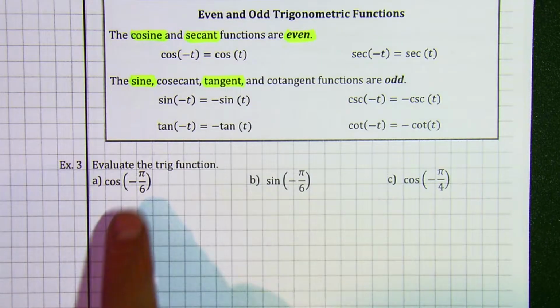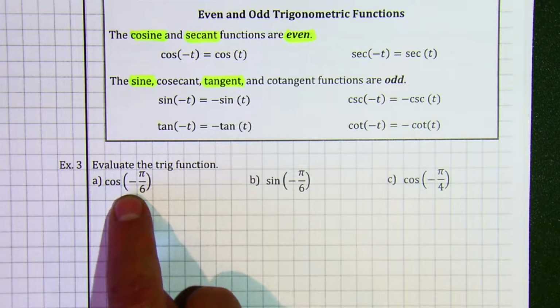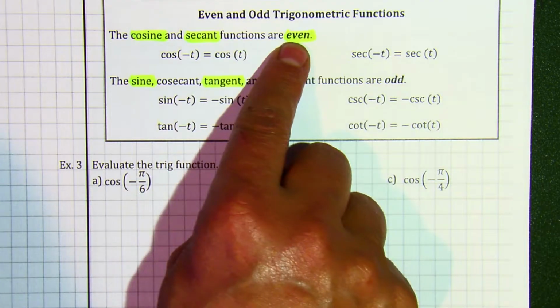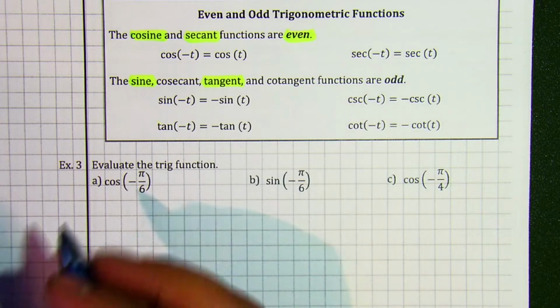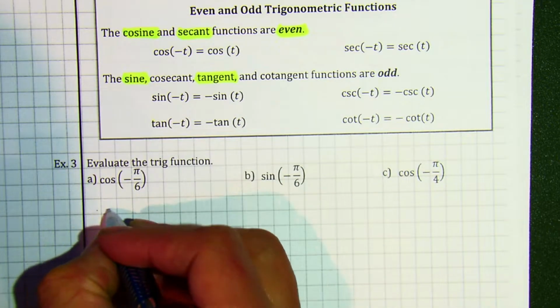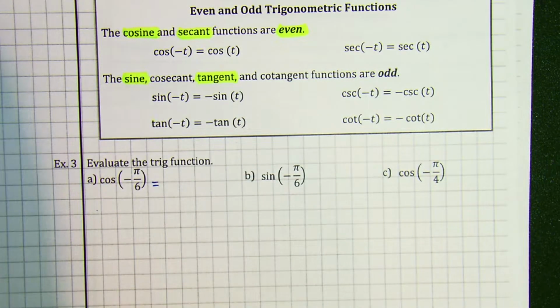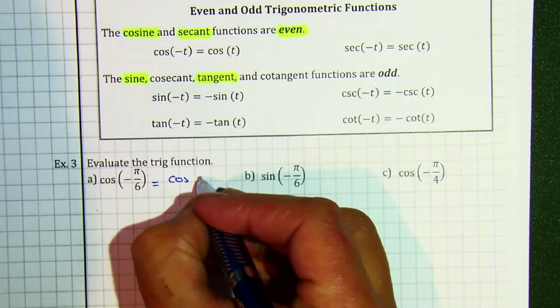Same thing for tangent, cosecant, and cotangent. So therefore, if I need to evaluate the cosine of negative pi over 6, because it's even, this will be the same as evaluating the cosine of pi over 6.